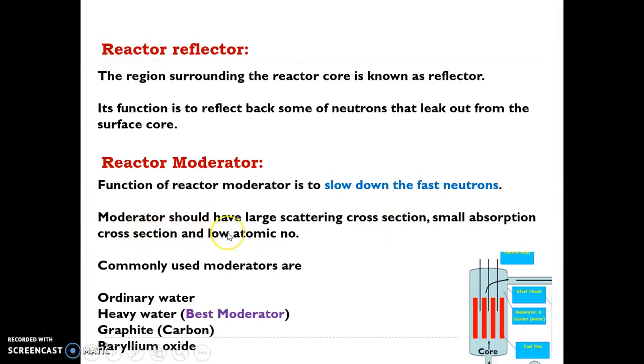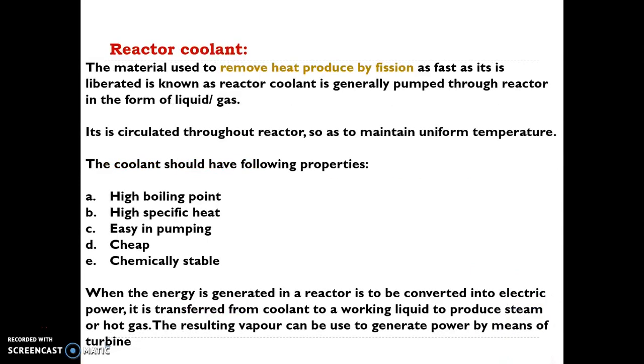Based upon these requirements, some commonly used moderators are listed over here: ordinary water, heavy water, graphite and beryllium oxide. Out of these, heavy water, which is made up of deuterium, an isotope of hydrogen, and oxygen, is used in the reactor moderator.